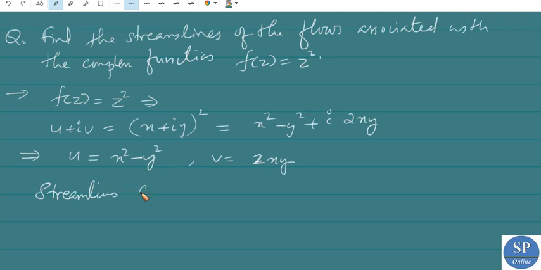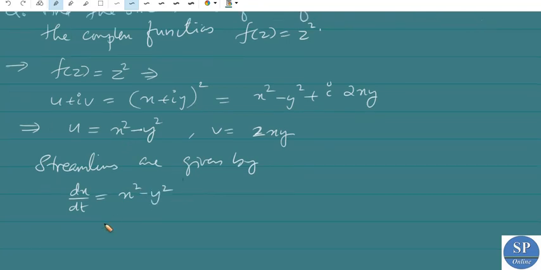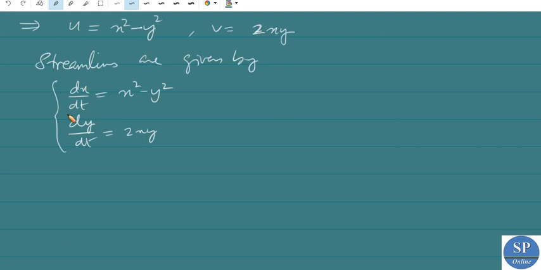So the streamlines are given by the system of differential equations dx by dt equal to u, that is x square minus y square, and dy by dt equal to v, that is 2xy. We have to solve this system.